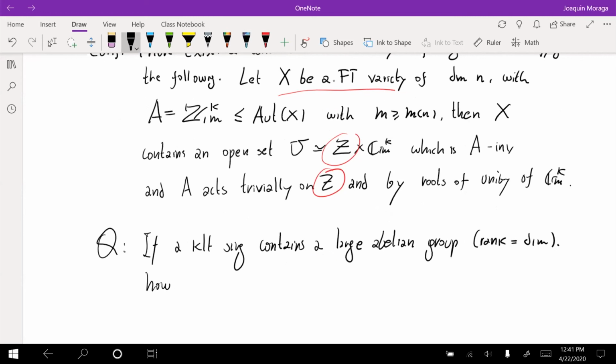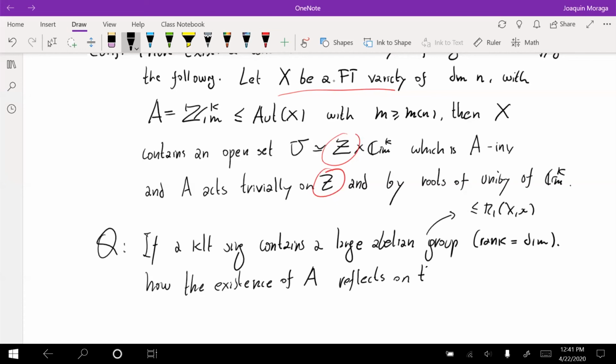How the geometry, or how the existence of A, well, when I say that the klt singularity contains a large abelian group, I either mean inside the pi 1 or that there is an action, which is essentially the same. How does the existence of A reflect on the singularity?